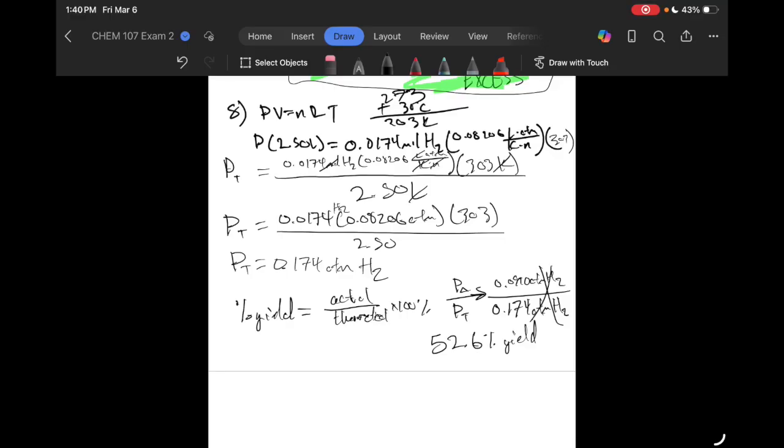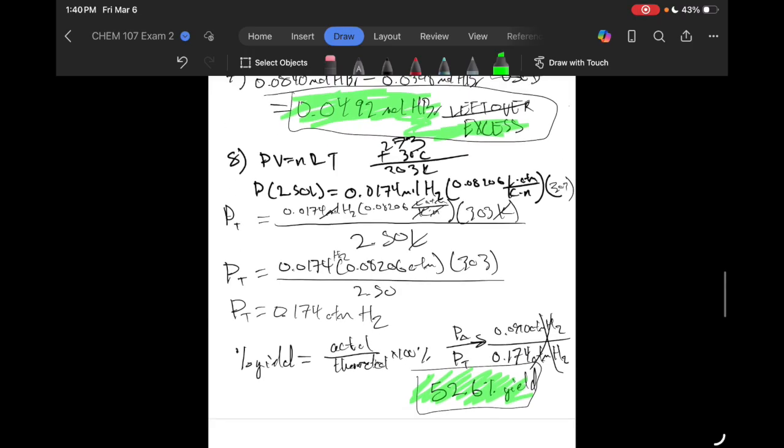Anyways, okay, so that's our percent yield. Just box that in. We're going to need it for this final step. And also, if you want to box in what our theoretical pressure was, which is this part right here, we're also going to need this later.